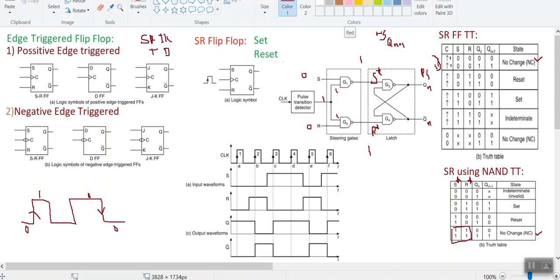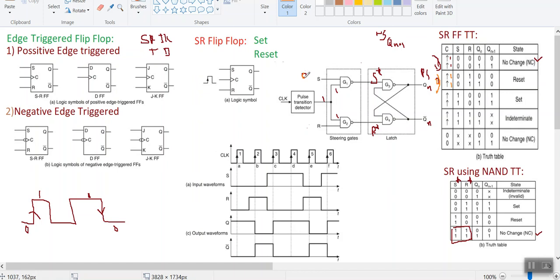Now I would like to explain my second case. In the second case, S is equal to 0 and R is equal to 1. I am representing it with another color, case 2. Again, the clock pulse is always equal to 1.